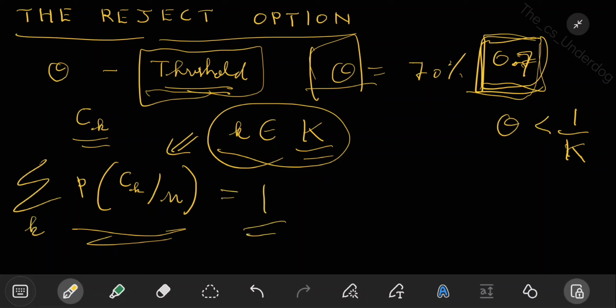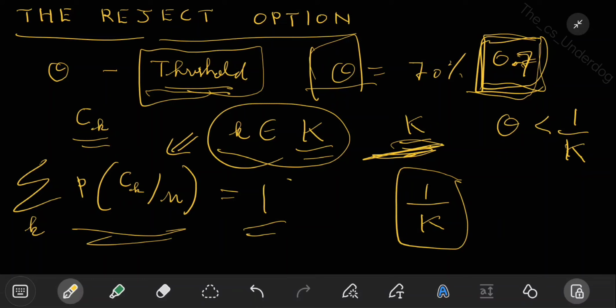If the sum has to be 1 and there are k different entries, then at least one entry has to be larger than 1 by k, right? If there are k different probabilities and all of them have to sum to 1, at least one among those probabilities has to be larger than 1 by k, or all of them should be equal to 1 by k.